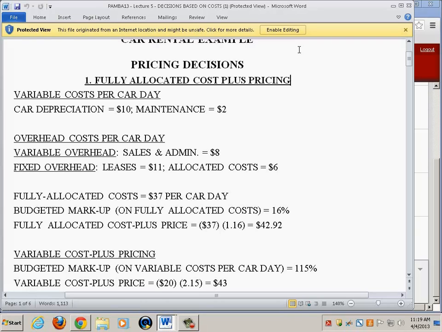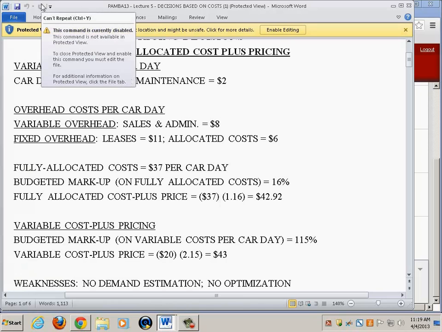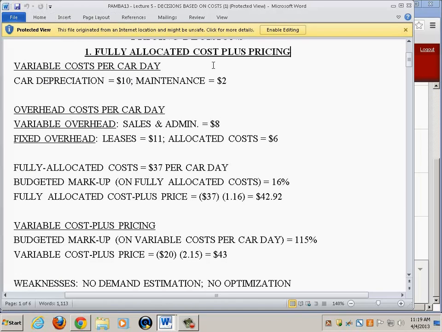So let's go through the illustration and see how we work it out. Just as a reminder, in the car rental example, we are renting cars, we're selling car days. The direct variable costs: economic car depreciation per car day was $10, maintenance per car day was $2.